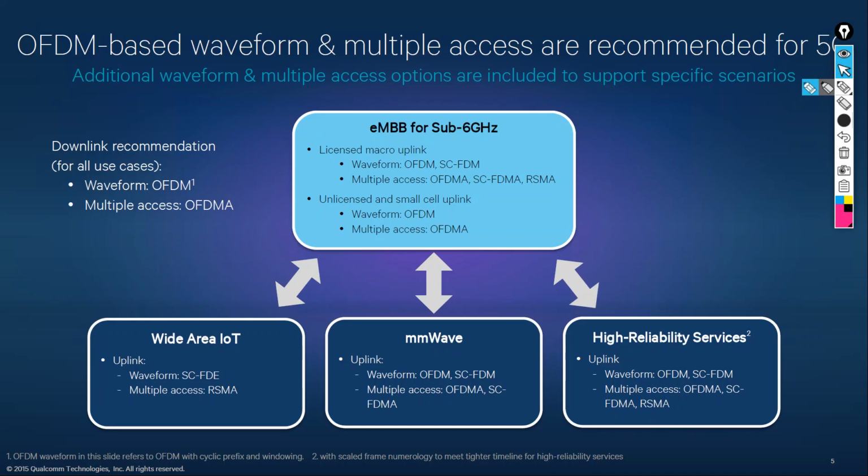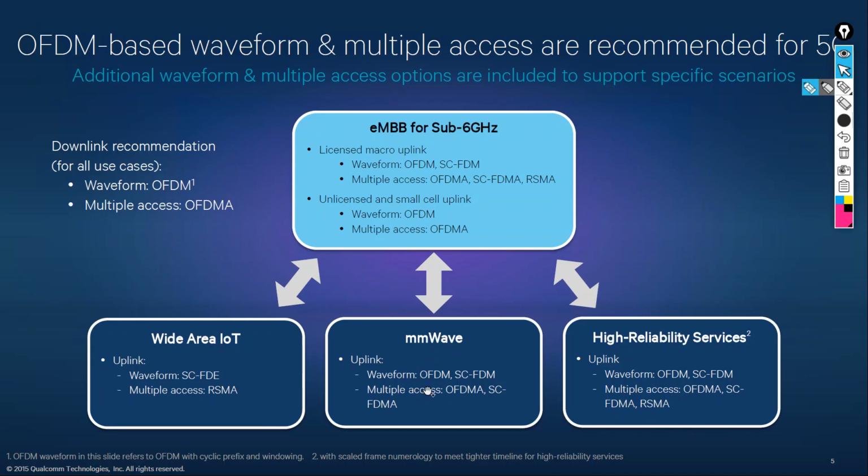You must be able to answer that and know the difference. And for unlicensed and small cell uplink, we can use OFDM and OFDMA as a multiple access scheme. In wide area Internet of Things, in the uplink you use single carrier FDE, and multiple access RSMA.